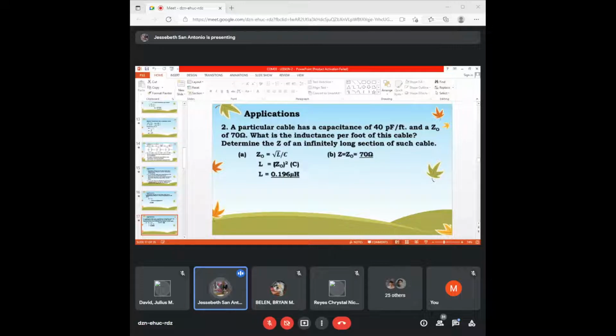Square root, sorry. 70 times 70 squared, imumultiply mo ngayon sa 40 times 10 to the negative 12. Okay? So, ang lalabas, 0.196 microhenry, 196 nanohenry, no? Kasi times 10 to the negative 9 na ang labas niyan. So, it will become nanohenry.